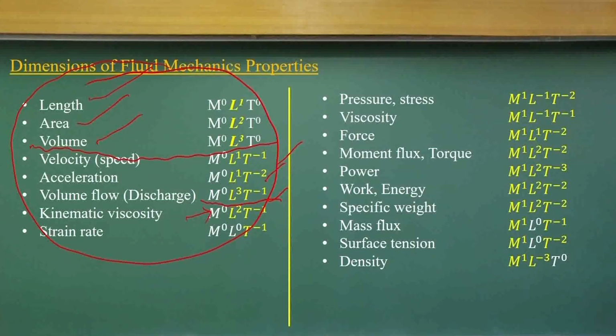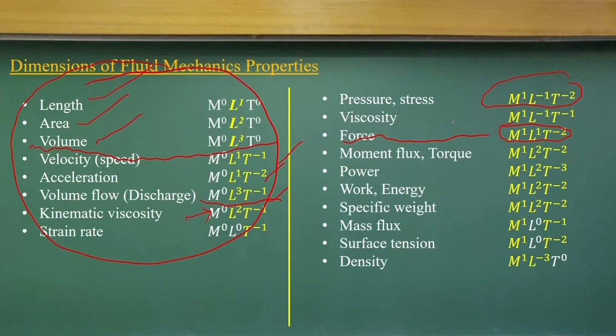Now, if you look at other parts like pressure, force per unit area, similarly stress, force per unit area. Force, you know, will be mass into acceleration. The pressure and stress will be the force per unit area, that is what you can compute.